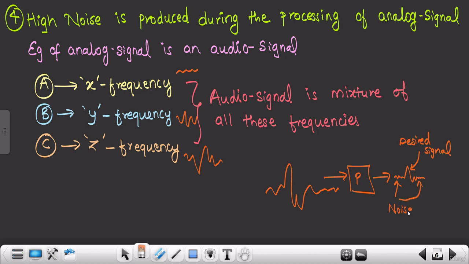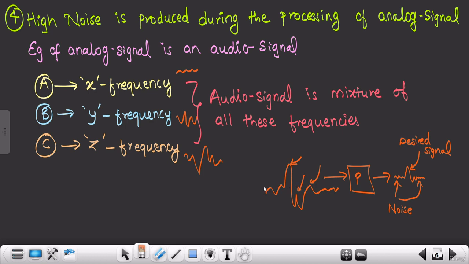It gets added up, even though we are processing it, because this analog processor is not so good a processor. So as you can see, this is my voice, maybe this is the drum's signal, and maybe this is the tiffin's signal.